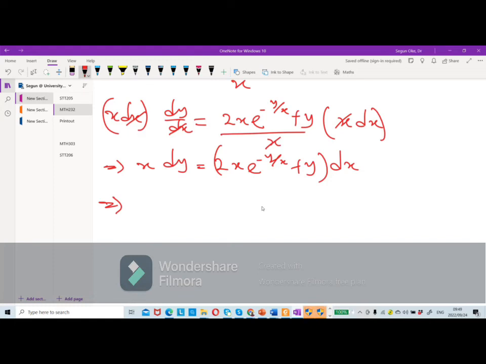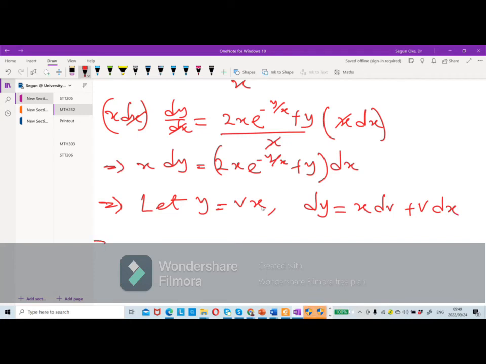So from this case now, we know that let y equals vx. What is my dy? My dy is x dv plus v dx.